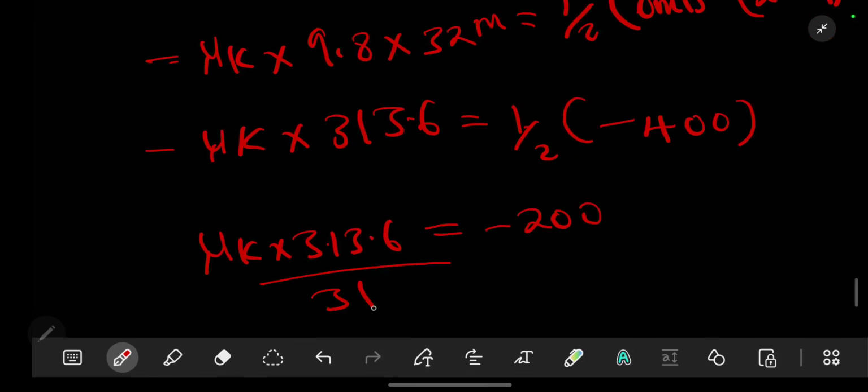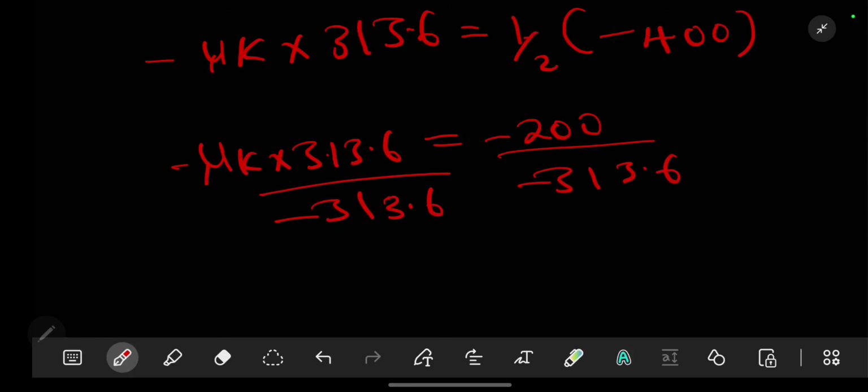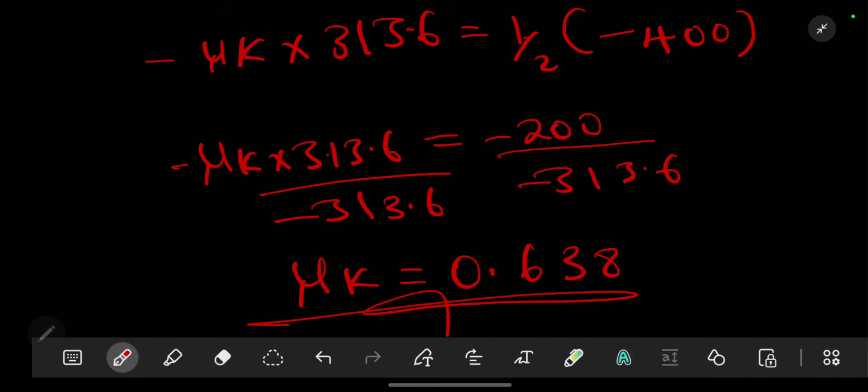We divide 313.6, remembering not to forget the negative that's here. So our mu k should be equal to 200 divided by 313.6, which gives us a value of 0.638. So this is the answer for that one.